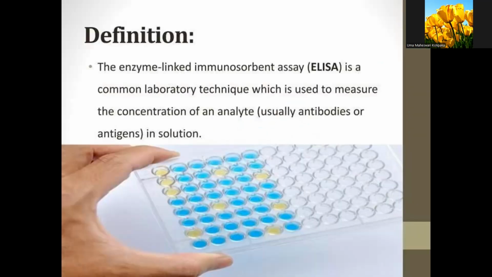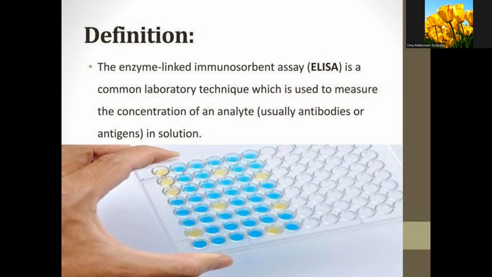First, coming to the definition, the enzyme-linked immunosorbent assay is a common laboratory technique which is used to measure the concentration of an analyte. Analyte usually antibodies or antigens in a solution. So ELISA is a very important laboratory technique, an in vitro technique, which we are using to measure the concentration of either antibodies or antigens.